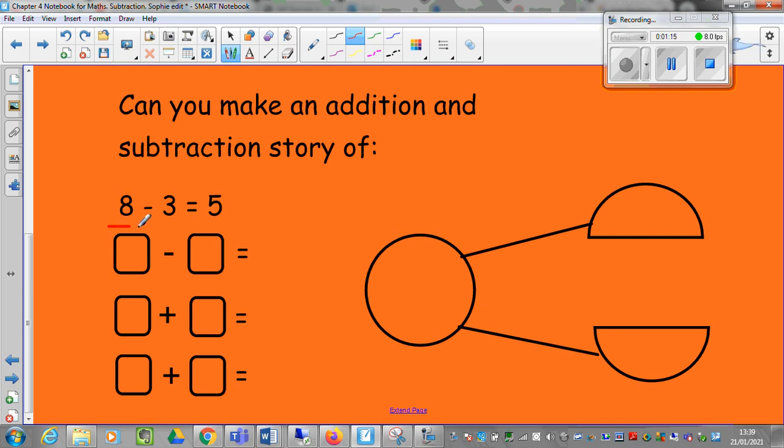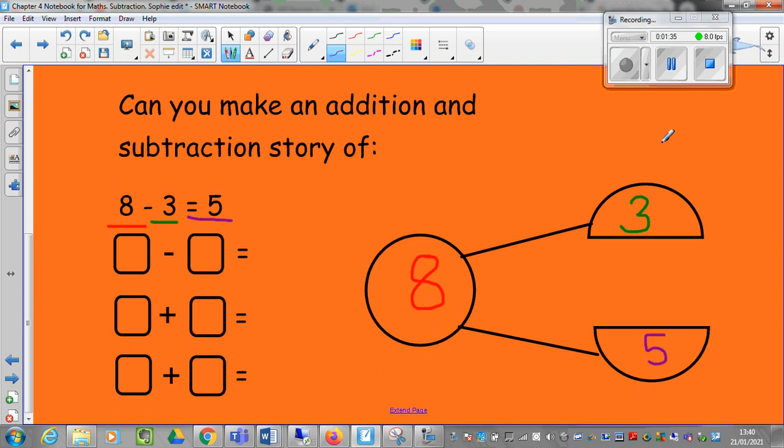So my whole number, which is at the beginning of my subtraction number sentence, is of course going to be over here because it is the whole. And the whole subtract a part, I'm going to choose this as my part, equals the other part. So that means this must go here.